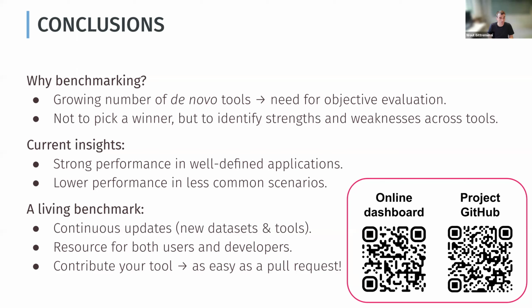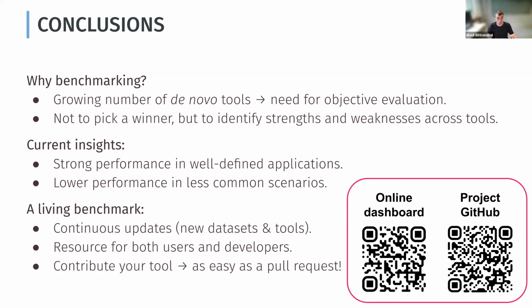This benchmark is also intended as a living resource that will be continuously updated with new data sets, new tools, etc., to track the progress of the field as de novo searching tools become better and are able to address more and more scenarios. And in that way, it's a resource for both users and developers.